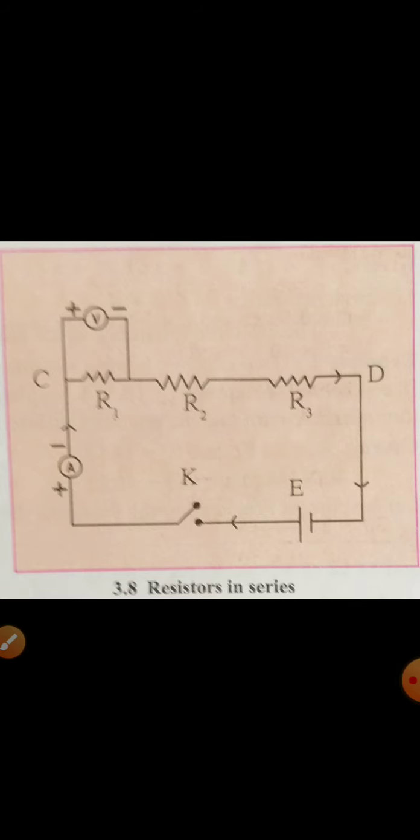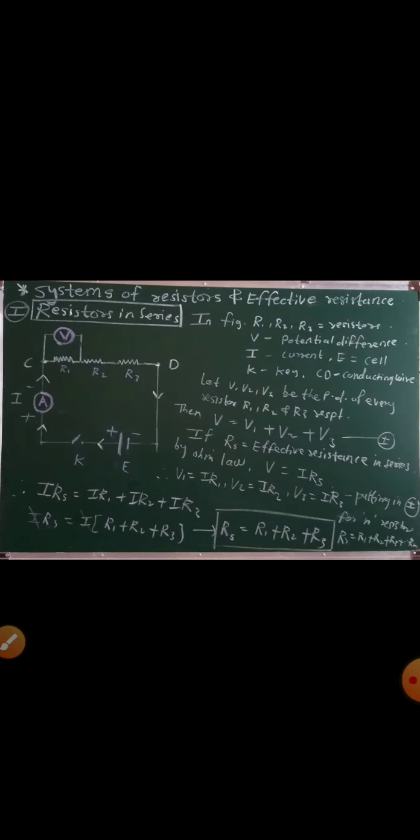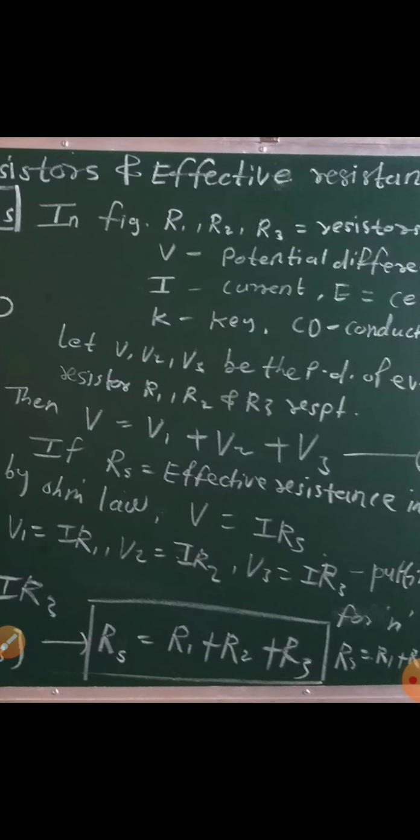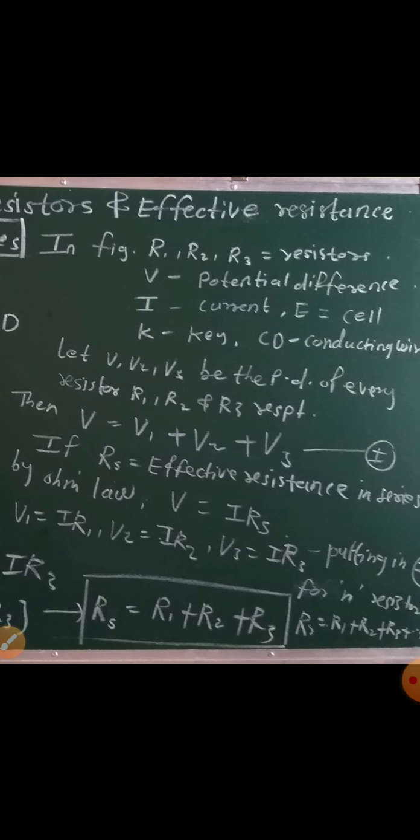Now, we'll see what the effective resistance will be in this series. Remember, R1, R2, R3 are the three resistors, V is the potential difference, I is the current, E is the cell, K is the key, and CD is the conducting wire.